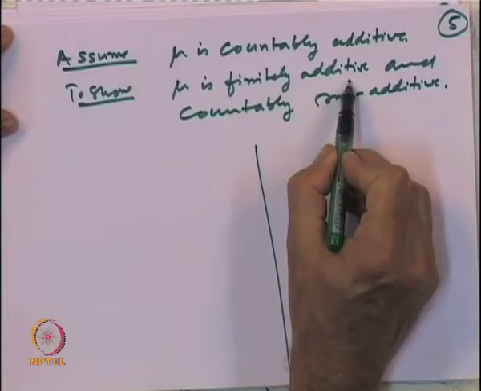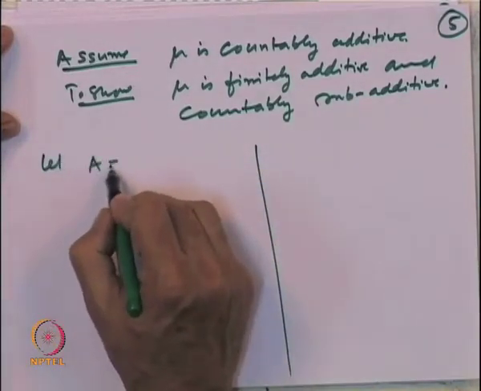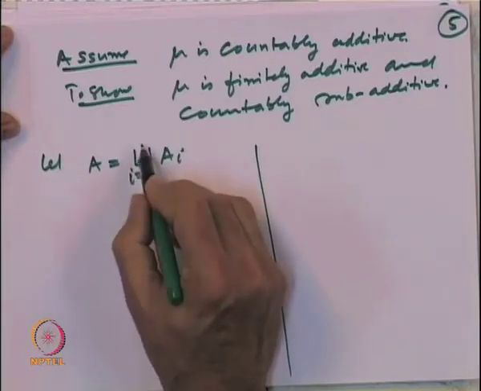To show it is finitely additive, what we have to do is, let A be equal to a disjoint union A_i, i equal to 1 to n.